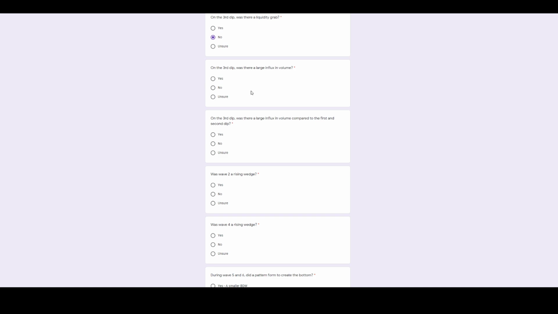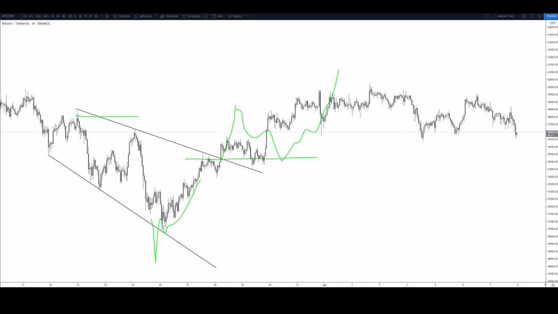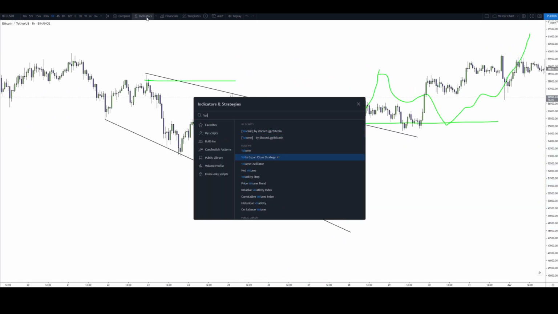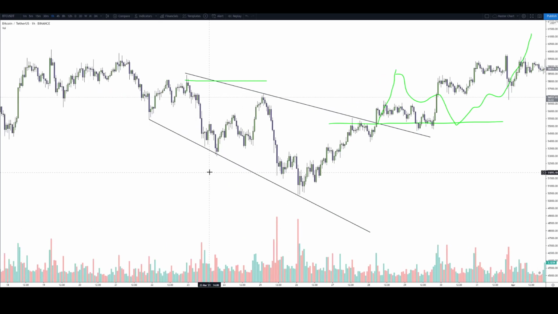Was there a large influx of volume on the last dip, right? So liquidity grab or not, we want to be cross-referencing volume. So let's say, for instance, it was a lack of volume and no liquidity grab, then we want to be cautious. We want to be like, well, hold on. The whole point of this pattern is to shake people out. But if no one sold down here, then there's no liquidity to throw up.